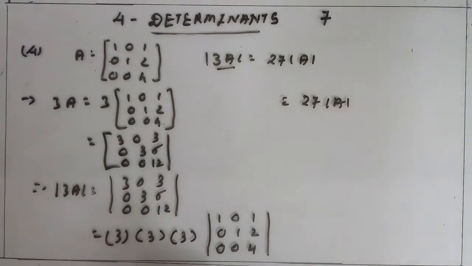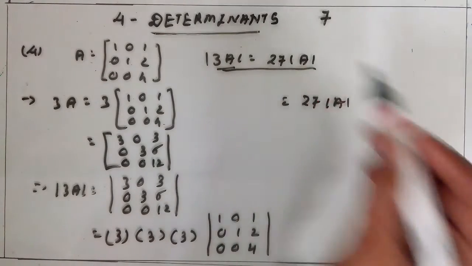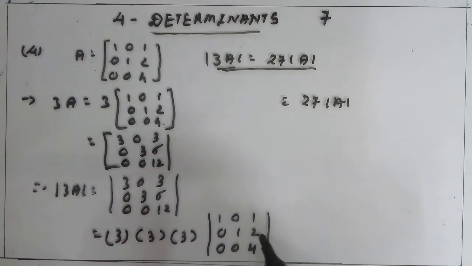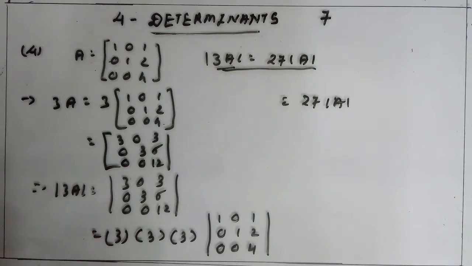We get the result that determinant of 3A is equal to 27 into determinant of A. Clear?